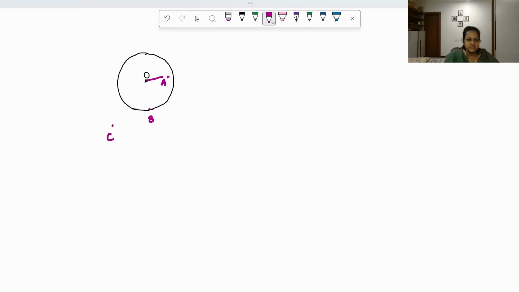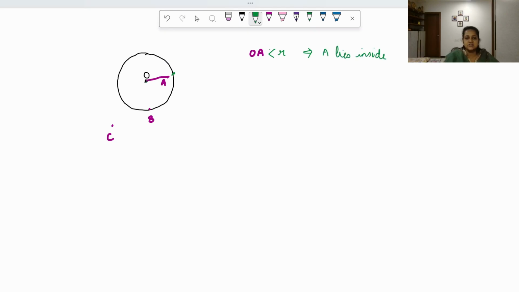In the first case, when I join OA, it is a little less than the radius. Why less than the radius? Because radius would be a line joining a point on the circle to the center. Now A is somewhere here, so OA is going to be less than the radius. Am I right? If OA is less than the radius, then A lies inside the circle.